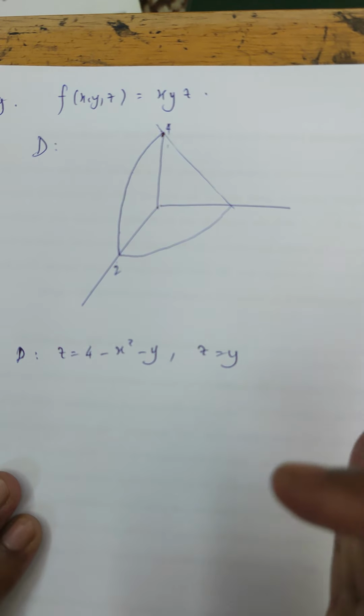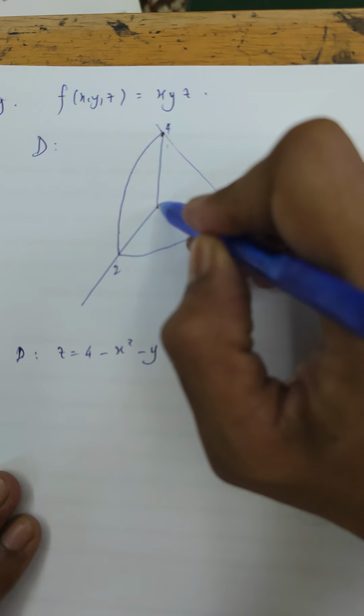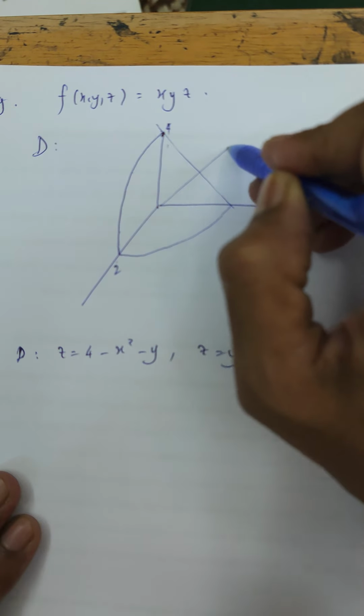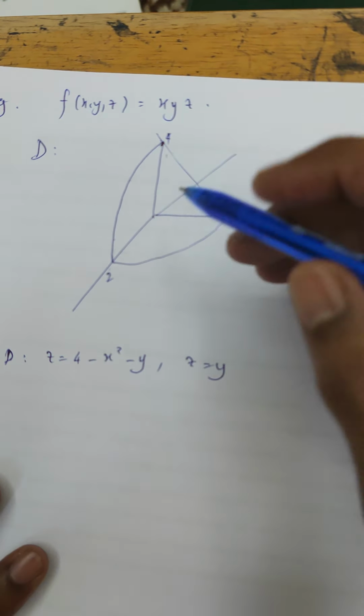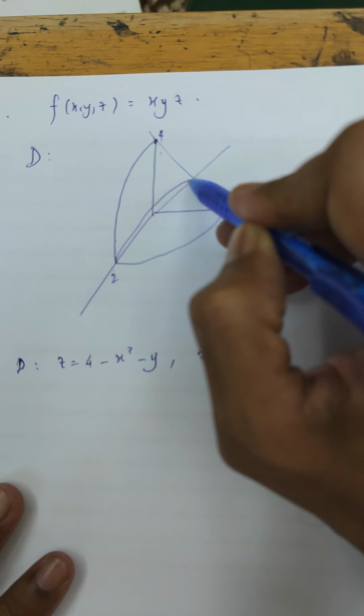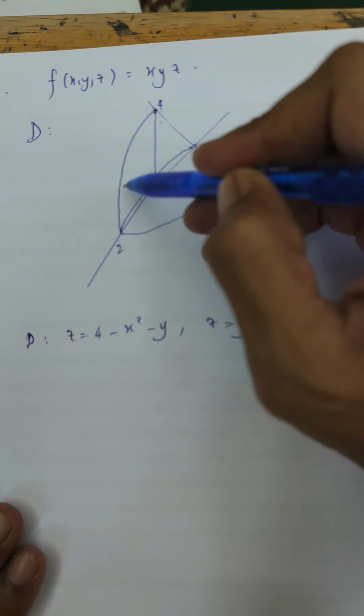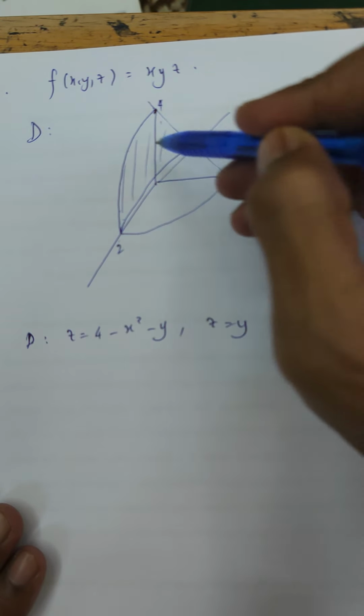This is a plane, z equal to y, like that. So your surface will be like that. Okay, so that's your surface.